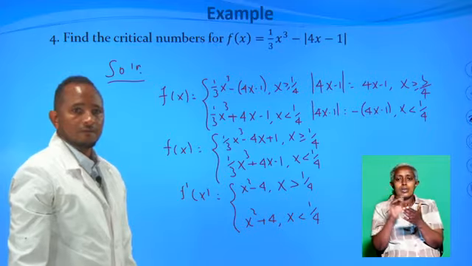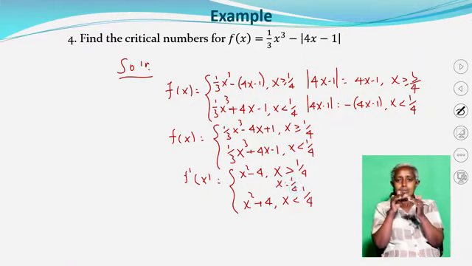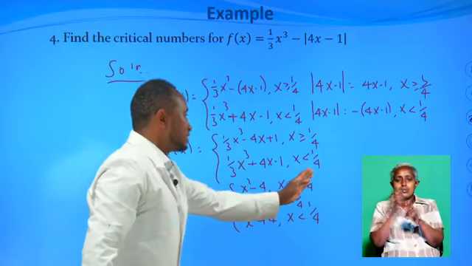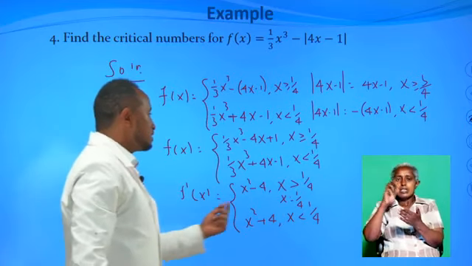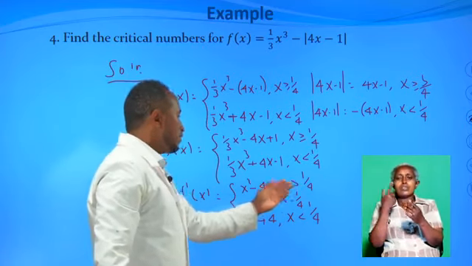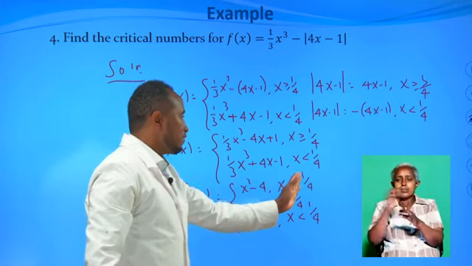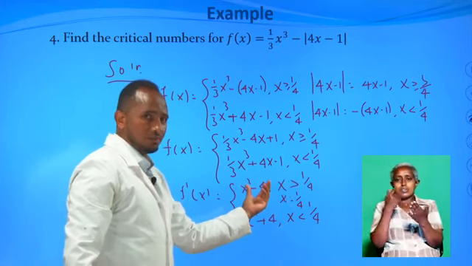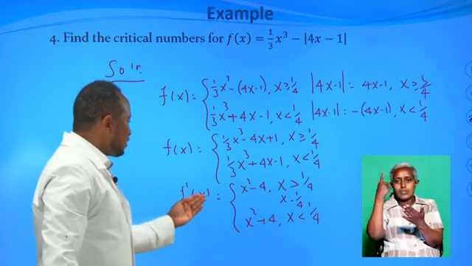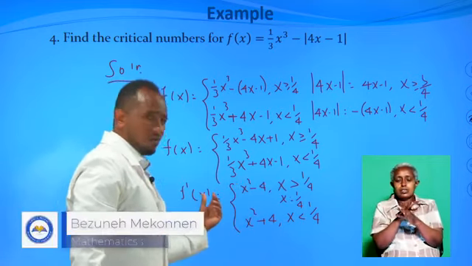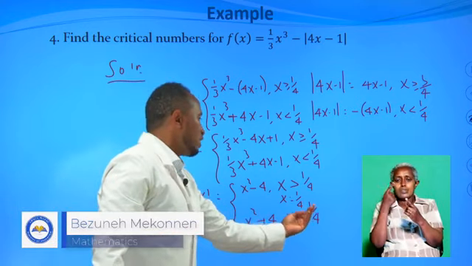For x equal to 1 over 4, we need to check the right side and the left side derivative. The derivative of our function from the right side of 1 over 4 is this one, and the derivative from the left of 1 over 4 is this one.